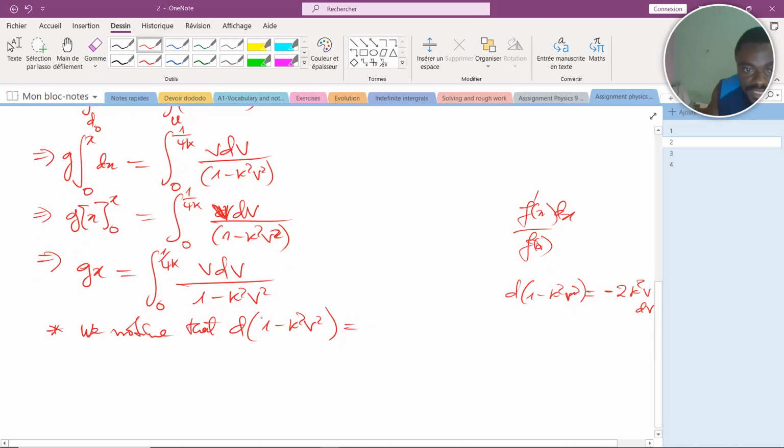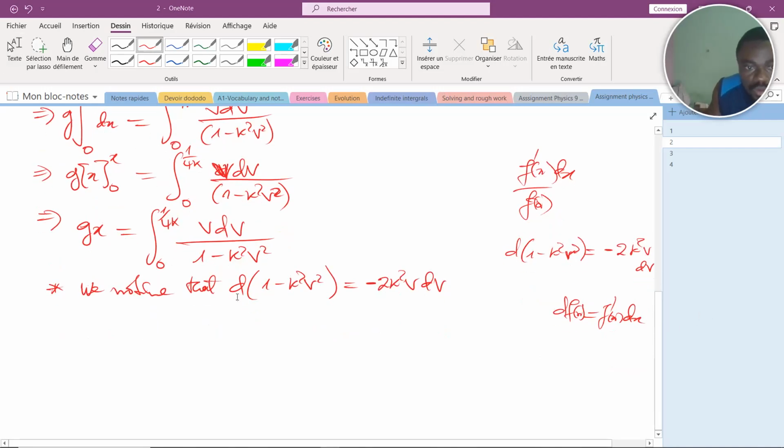When I differentiate this, it is 0. When I differentiate this, I'll have minus 2k square v dv. Is that okay? Remember this formula, d of f of x must be equals to f prime of x dx. Dx because x is the variable. Dv here because our v is the variable. Is that okay?